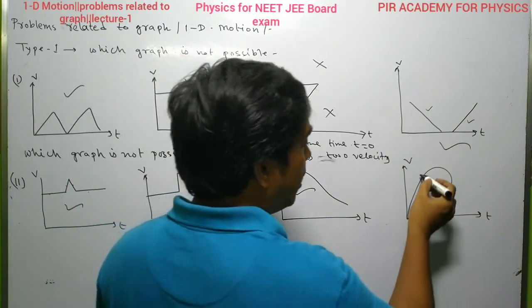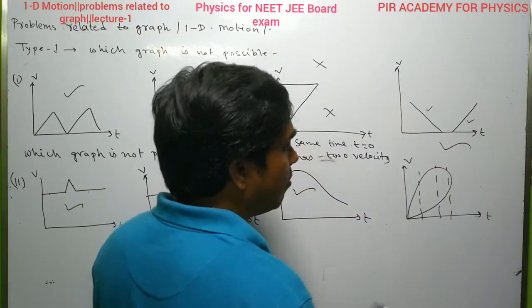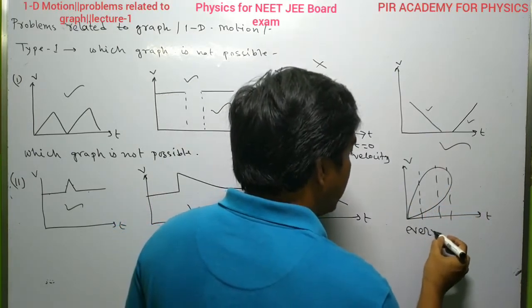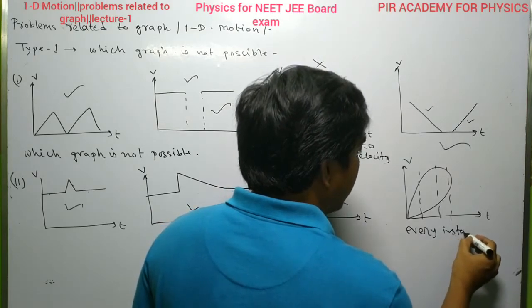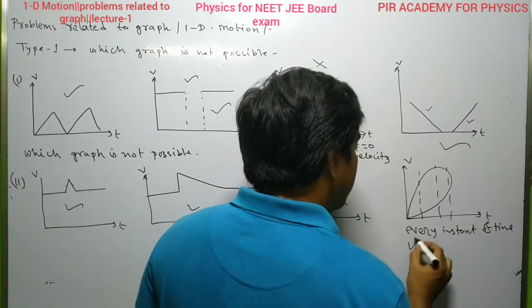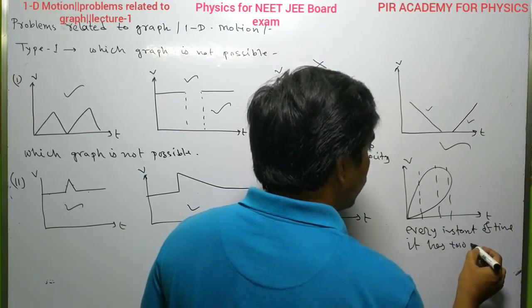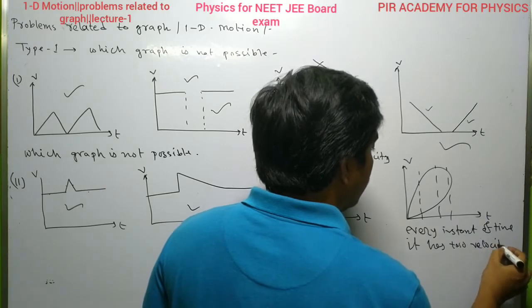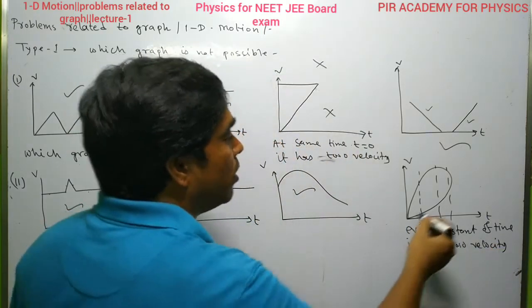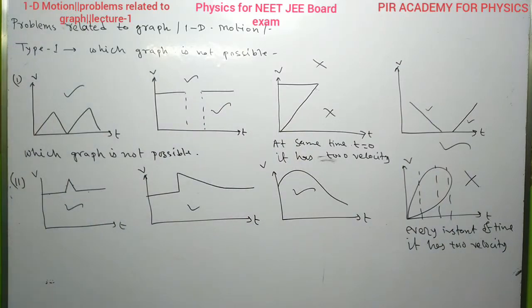Here you see that at every instant of time it has two velocities, which is not possible. So this graph is not possible. So this is the number 2 problem.